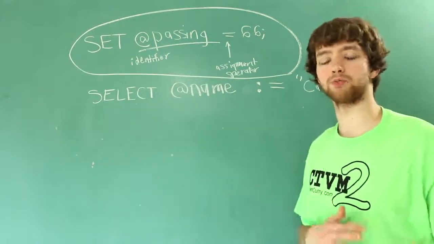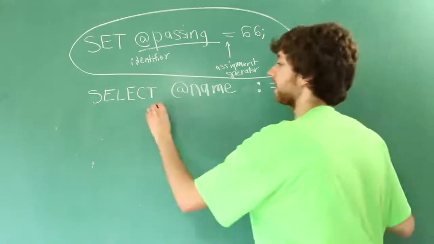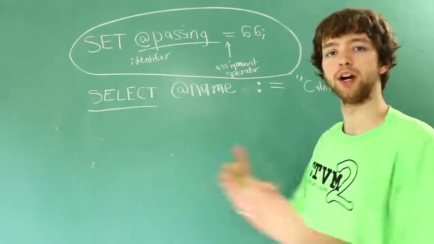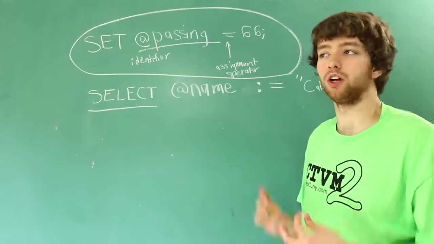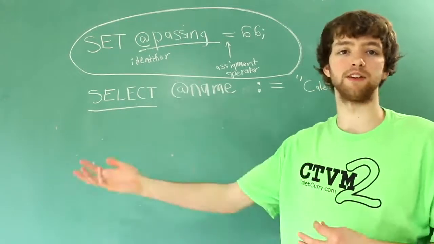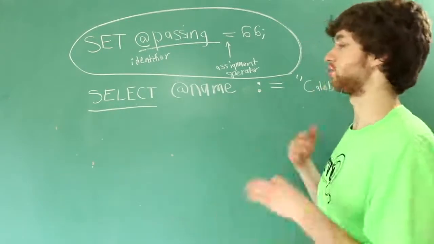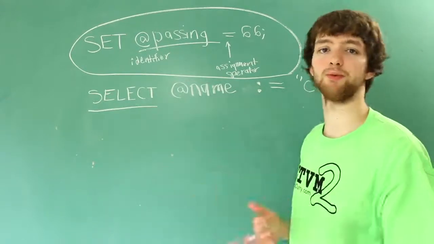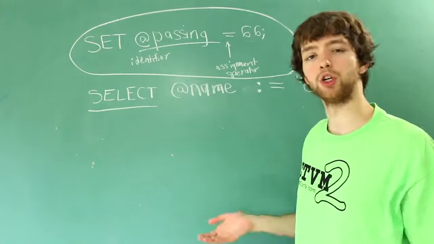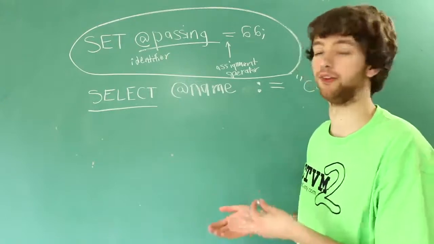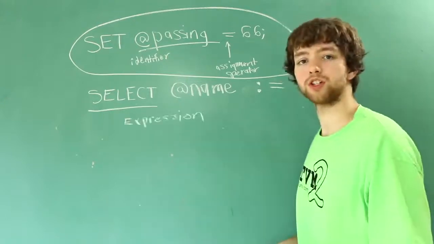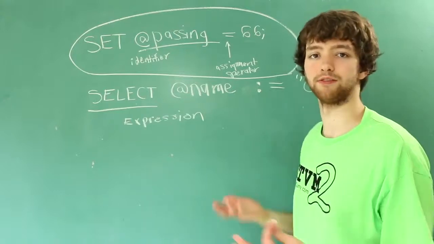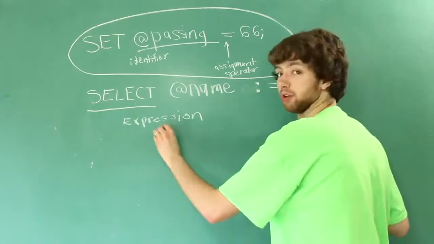If you guys have watched my other series, you'll know that select is what we use to get information. It's not always selecting something from a database. So if you know this, you can put a from statement and you can say what table you want to get that data from. But you can also just put an expression in there. So an expression is something that is evaluated to a value. An example is 5 plus 5.